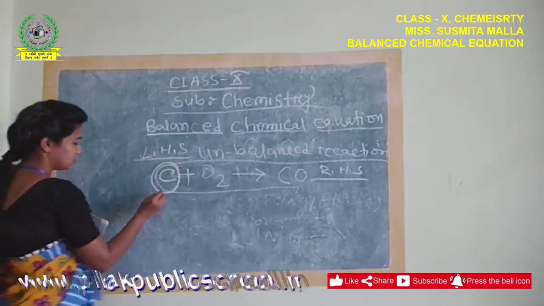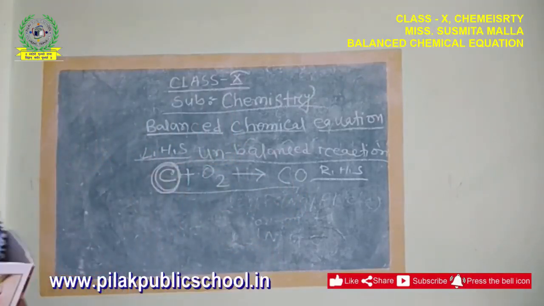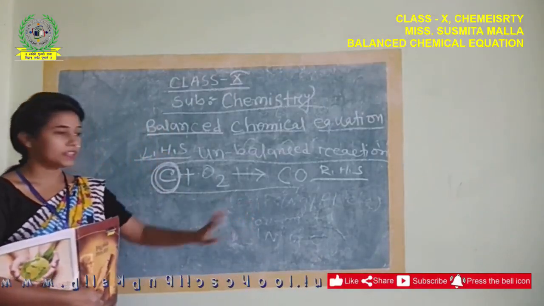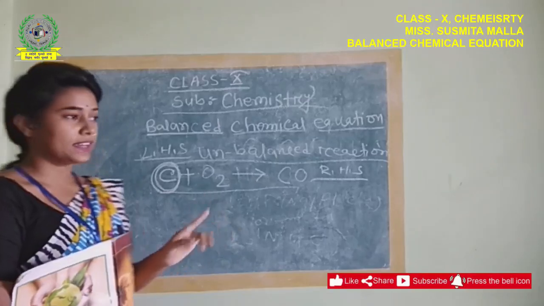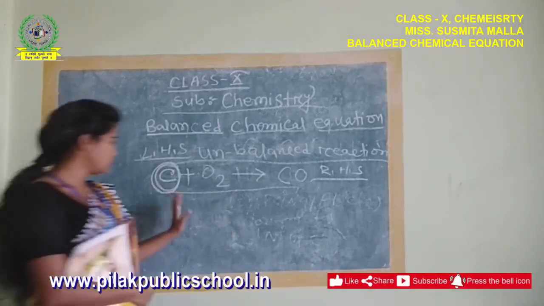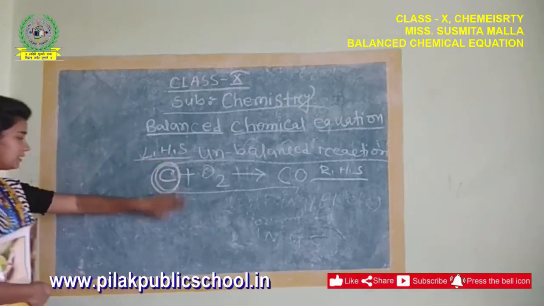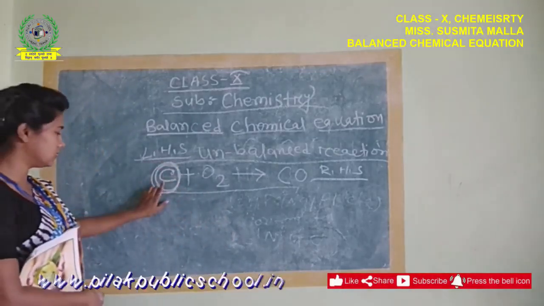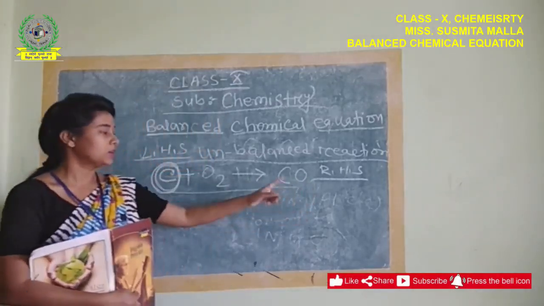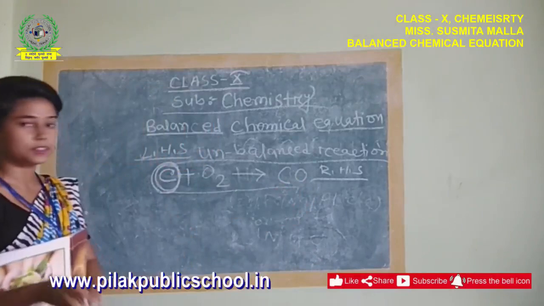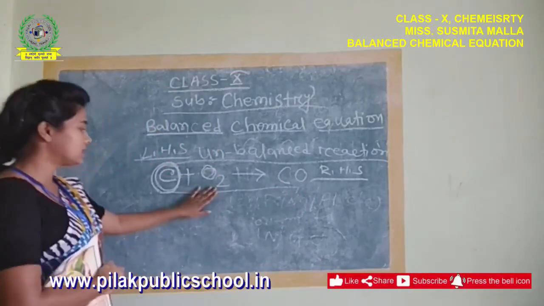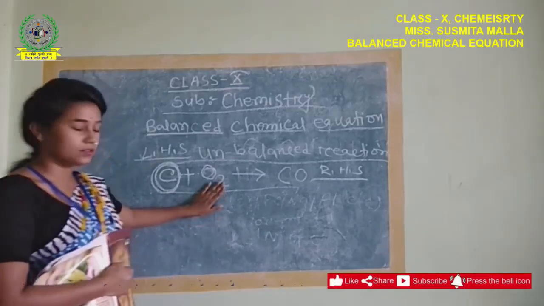First of all, we see in this reaction there is no metal element. Second, there is a non-metal element which is carbon. So in the left hand side there is 1 molecule of carbon and in the right hand side there is 1 molecule of carbon. That is, non-metal elements are balanced. Next we see oxygen. In the left hand side there are 2 molecules of oxygen.